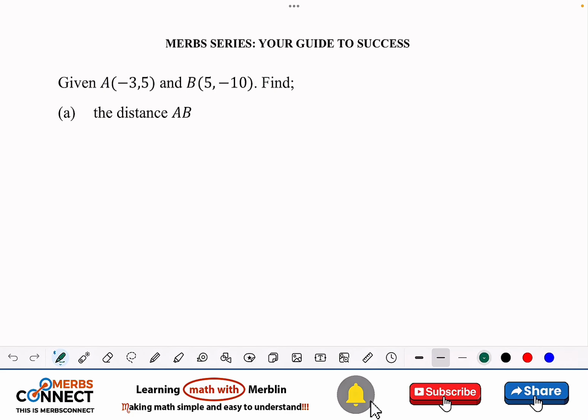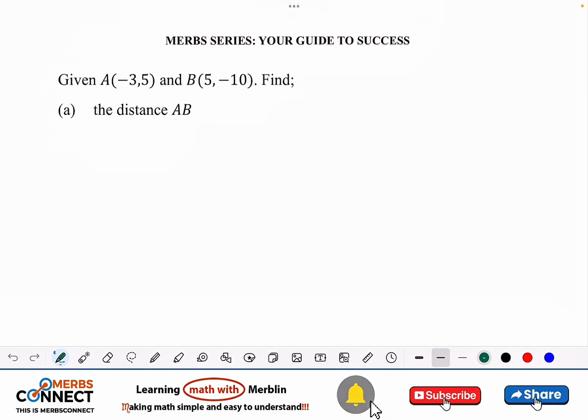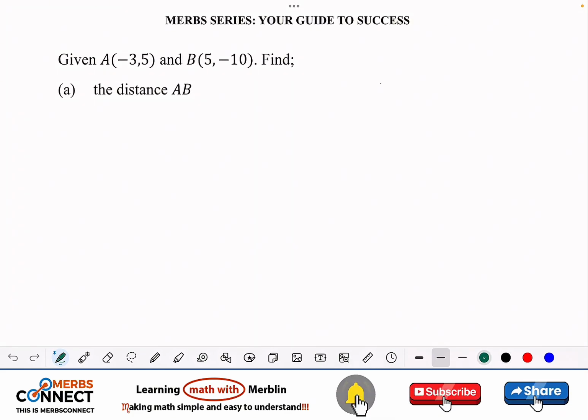Okay, so what's the first thing that we need to do? Now we remember if you pick a point A and B, A is equal to x1, y1, and B is equal to x2, y2, right? So what was the distance formula that we learned?